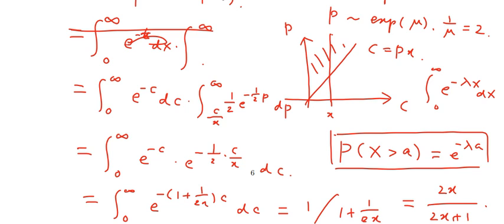So that is the cumulative function. Then find the derivative, and we get the density function. This is a two-variable continuous distribution. Okay, so we can stop here. Thank you.